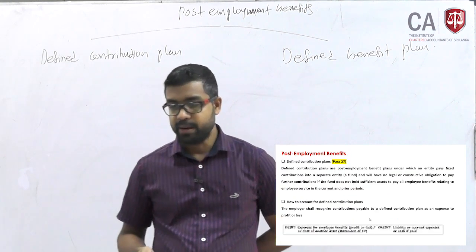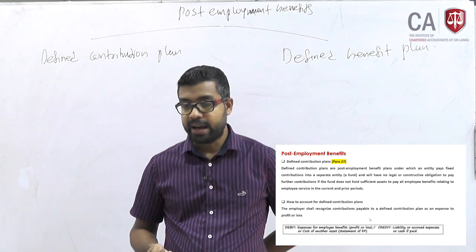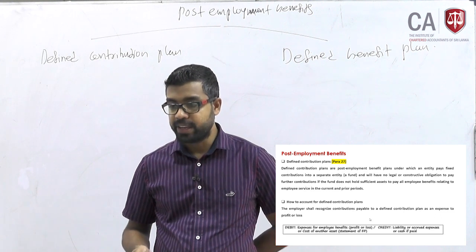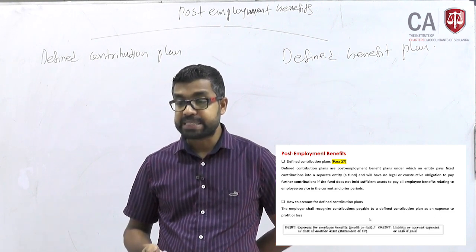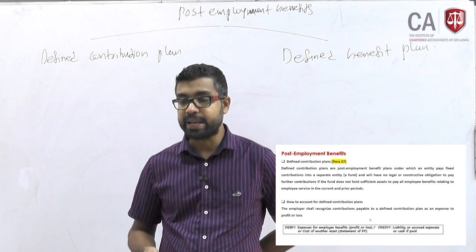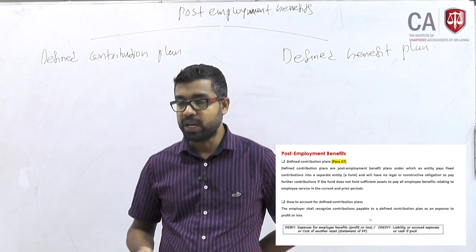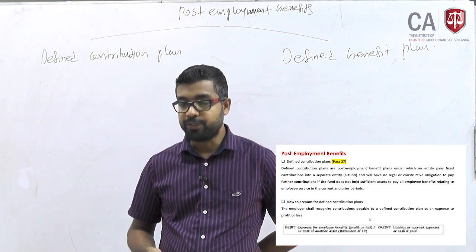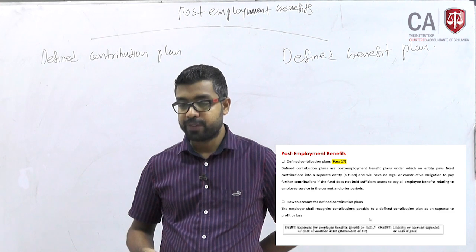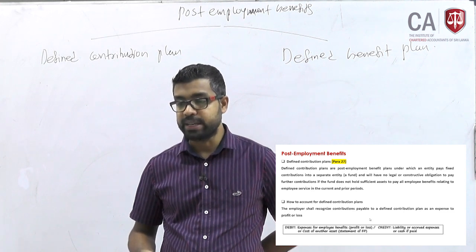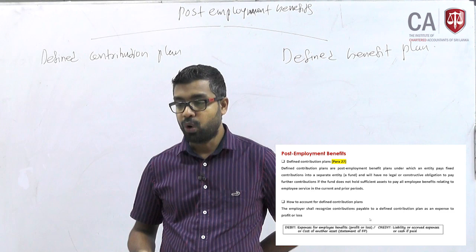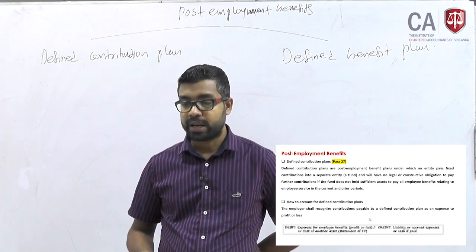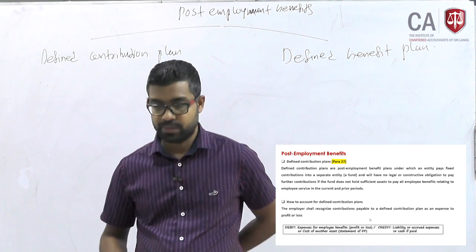Defined contribution plans are post-employment benefit plans under which the entity pays a fixed contribution into a separate fund and has no legal or constructive obligation to pay further if the fund does not hold sufficient assets to pay all employee benefits relating to employee service in the current period.